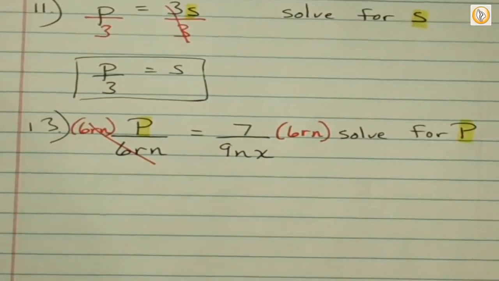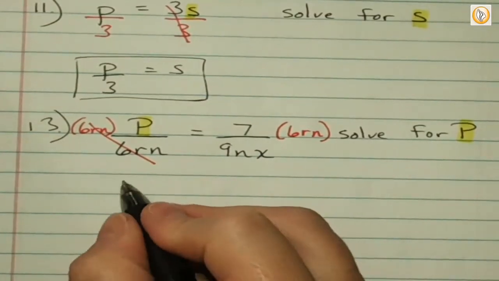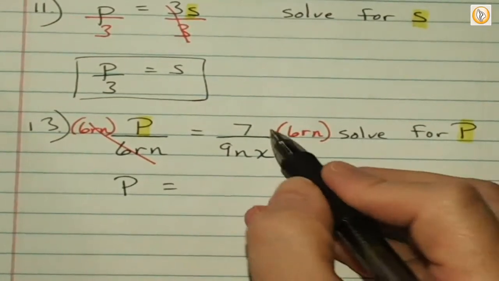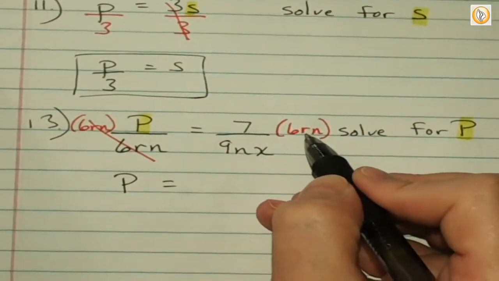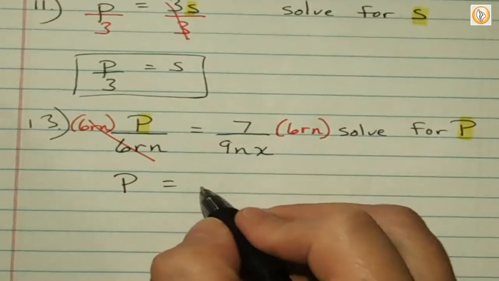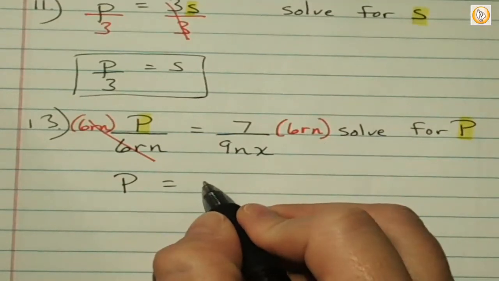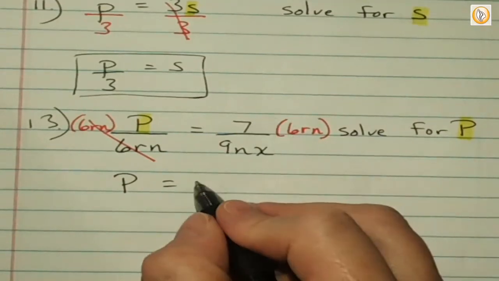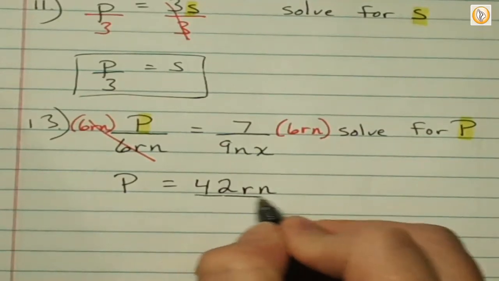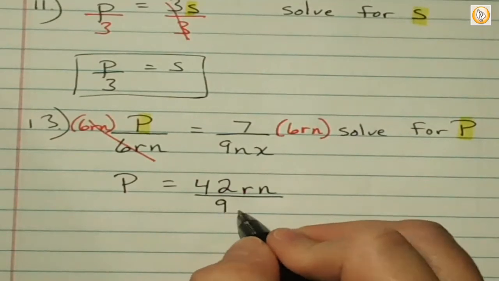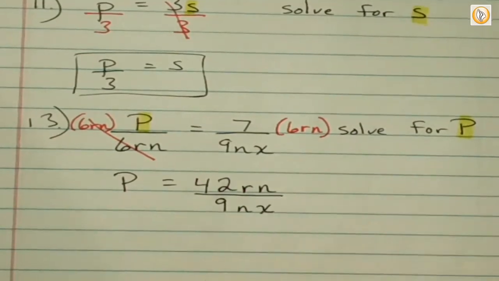These cancel out, and I'm left with P equals 7 times 6RN. So Gabby, what would you get? 42RN over 9NX.